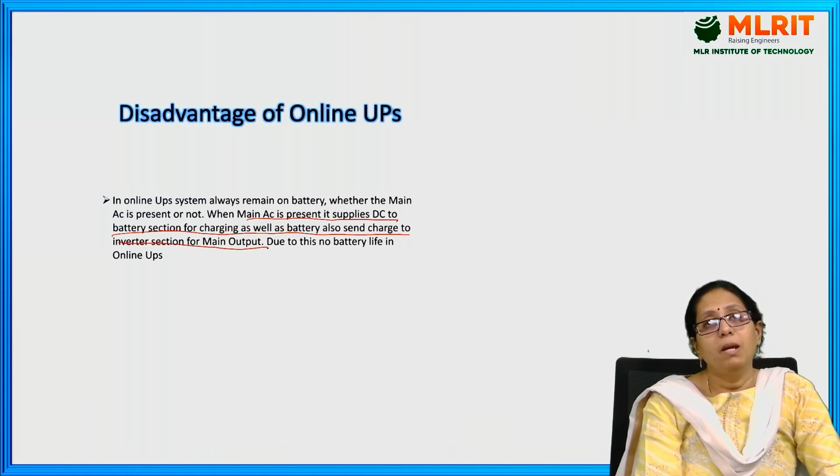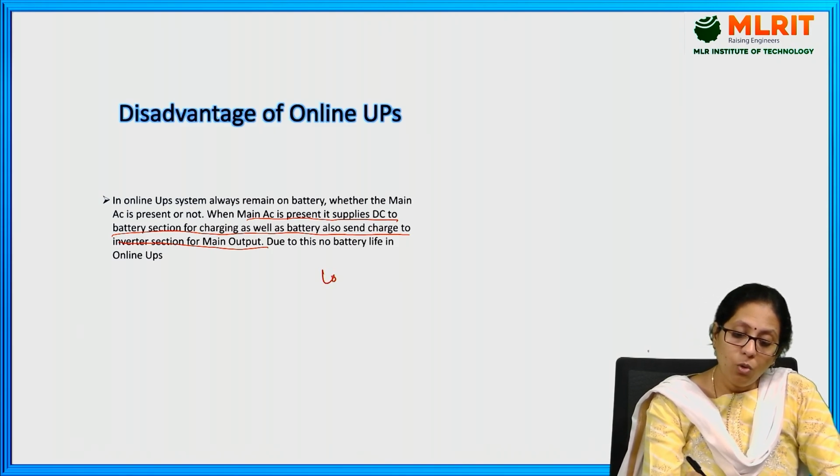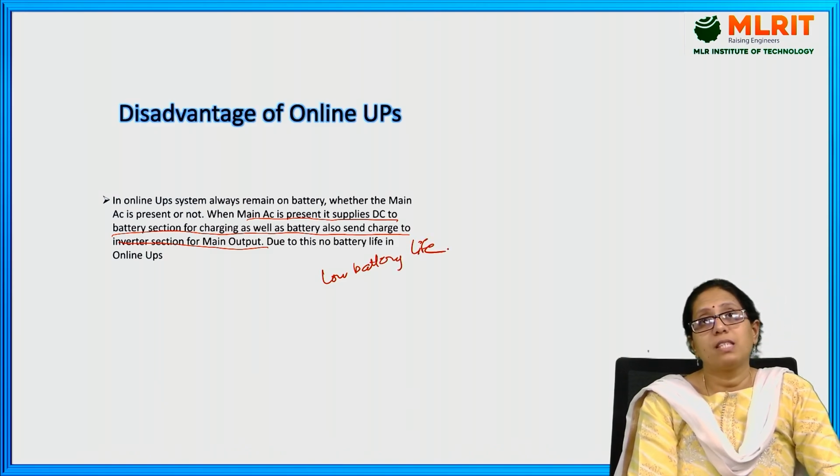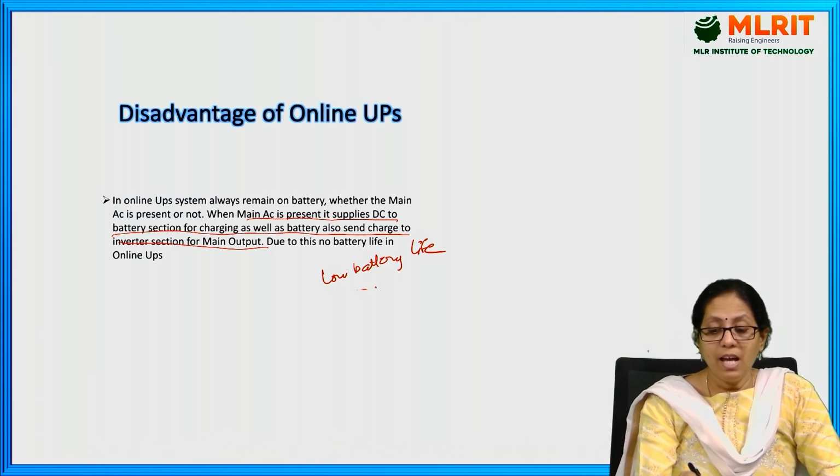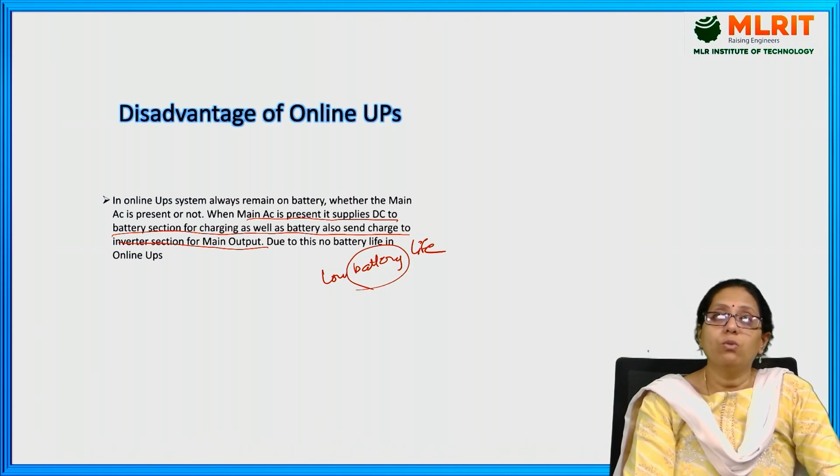Due to this, the battery life is low. The lifetime of the battery is less because it should be continuously supplying, whether the main switch is off or on, it should be in an on position continuously, so the lifetime of the battery reduces.